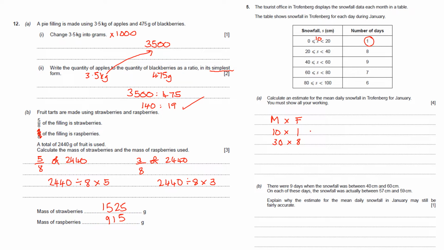Once we've done the midpoint times the frequency, we're going to add up the answers and divide by how many people or days or pets or whatever. What I'm talking about here is the total frequency.